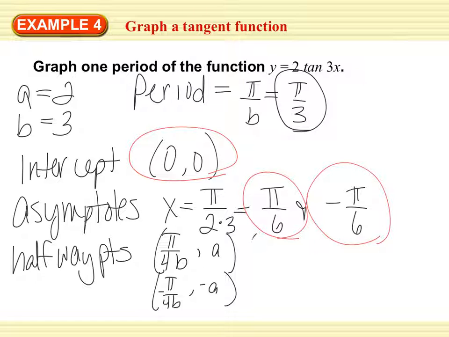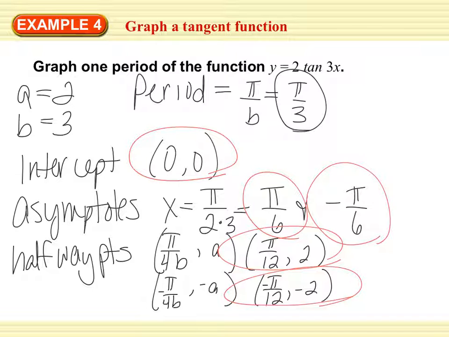We know b equals 3, so I've got pi over 12, comma 2, and negative pi over 12, comma negative 2. So 4, 5. So jot these down and let's graph it.